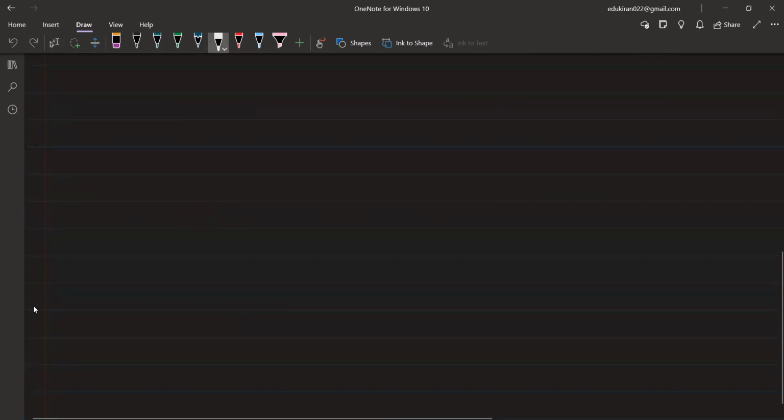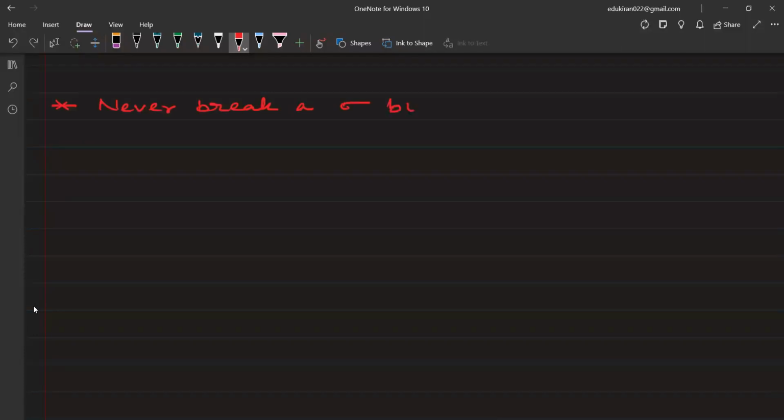Okay. See, there are 2 points that you have to remember. First is never break a sigma bond while making resonating structures.